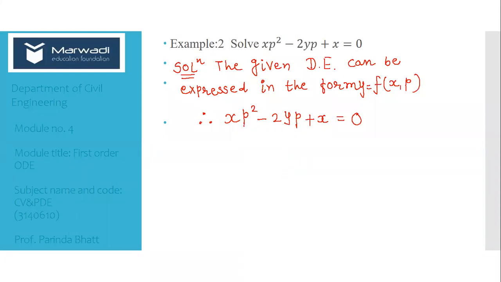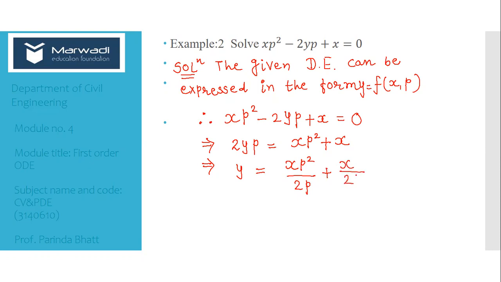Now, what is p here? dy by dx. Therefore, this 2yp goes to the other side, so the sign is changed, and the term xp square plus x remains as it is. Therefore, y equal to xp square divided by 2p plus x divided by 2.